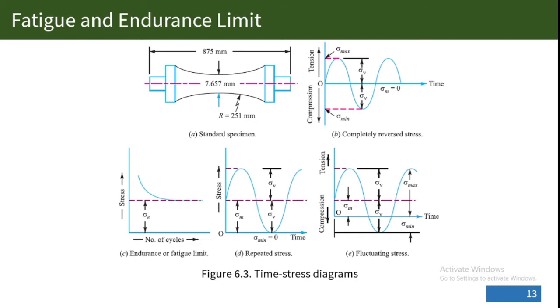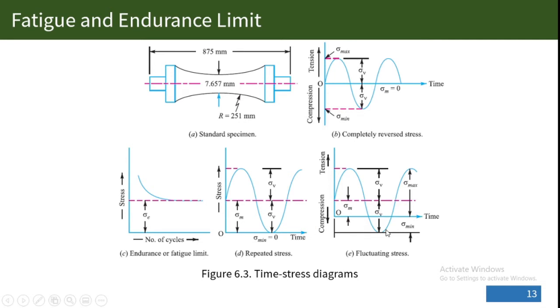So in actual practice, many machine members undergo different ranges of stresses than the completely reversed stress. So the stress versus time diagram for fluctuating stress having the values such as sigma minimum and sigma maximum is shown in 6.3a.